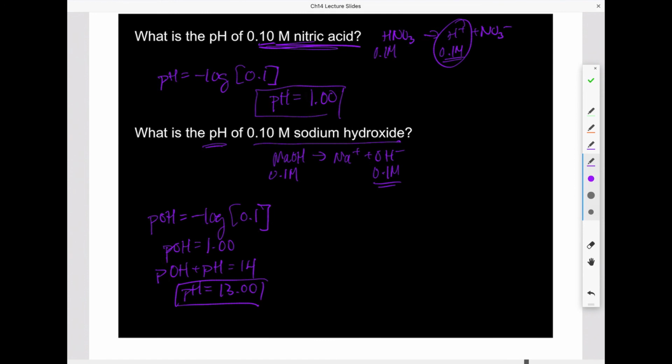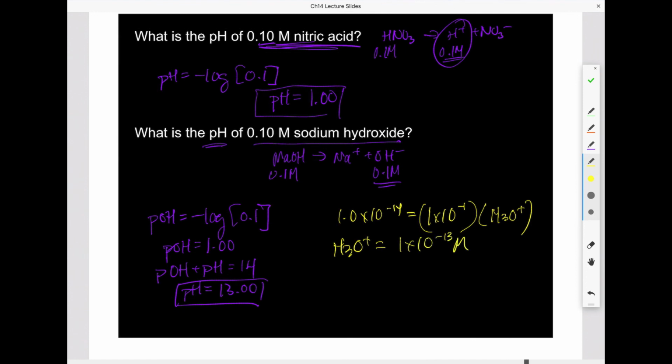Alternative would be that I could set up the equation from the previous page that says 1 times 10 to the negative 14th is equal to 1 times 10 to the negative 1, that's my hydroxide, times my hydronium. And if I do that math, I'm going to find that hydronium ion is what? 1 times 10 to the negative 13th molar.